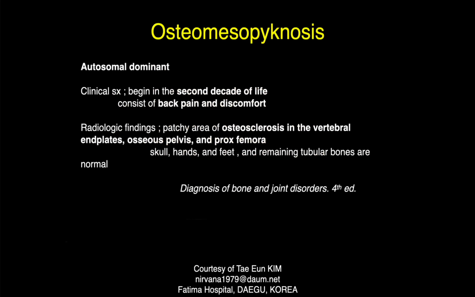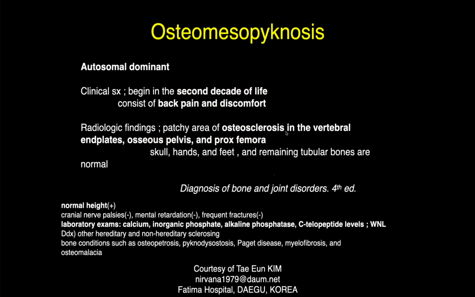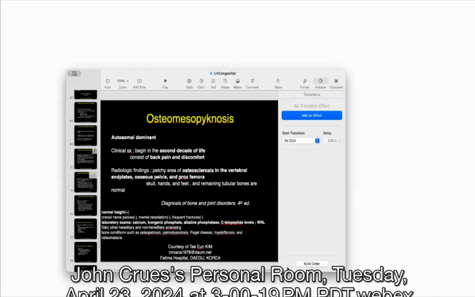So this is osteopathia... osteomesopyknosis. It's autosomal dominant. It's another form of osteosclerosis, of which there are a number, usually presenting in the second decade of life, and you can get these sclerotic changes.